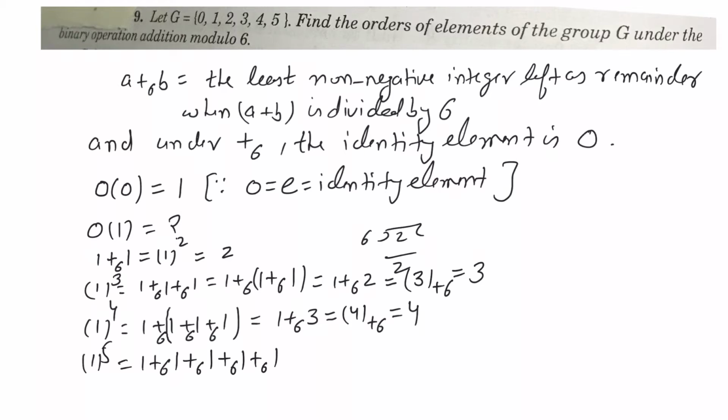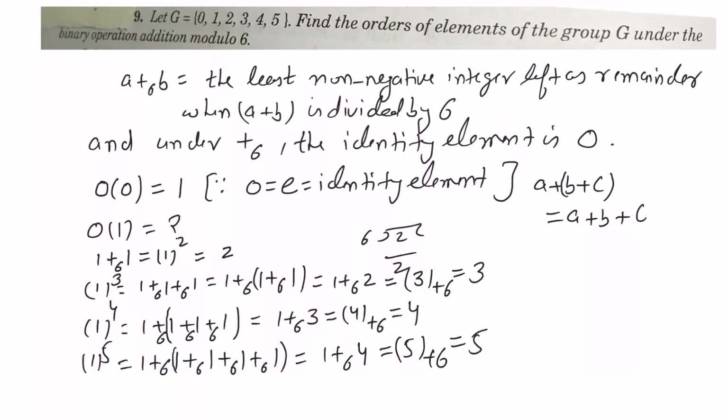Now see, when we have to add more than 2 elements, we have to follow the associativity principle. Firstly we add two, then we add the result to the third, so this is the associativity principle. That is why we are doing it like that. We have to add 5 elements, and the result for 4 is given by the above equation. So in this case we can write 1 to the power 4, this is 4 from the above case, and 1 plus 4 is 5, and under addition modulo 6, this will give 5.